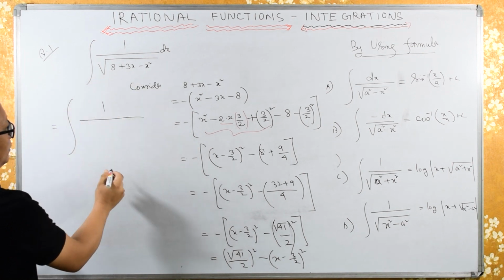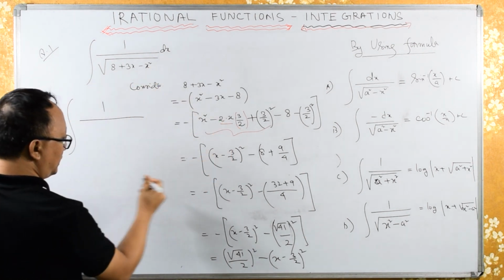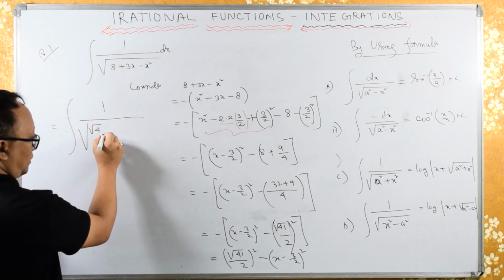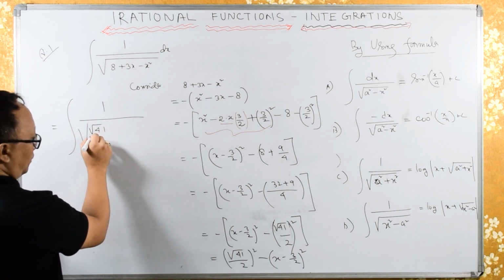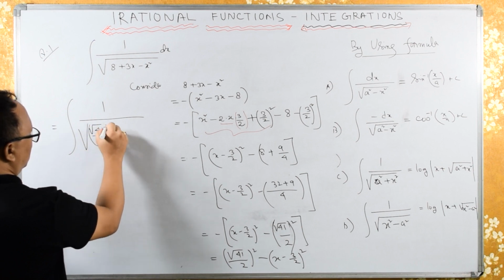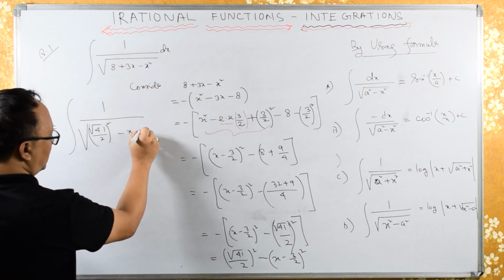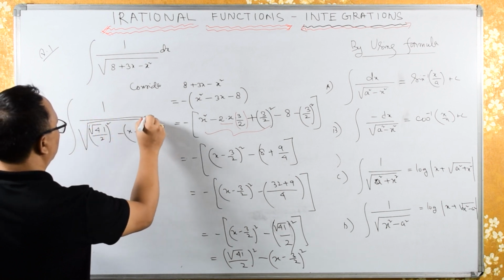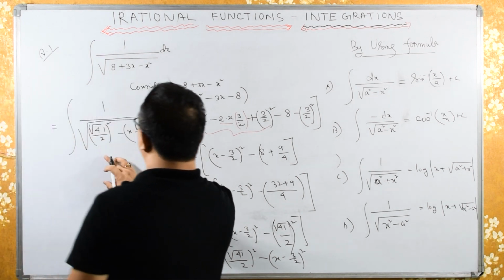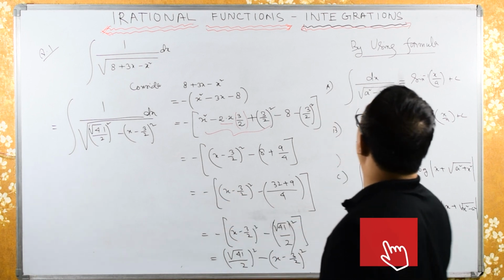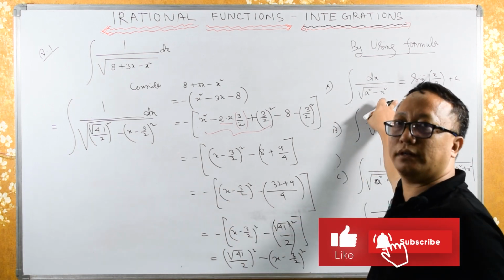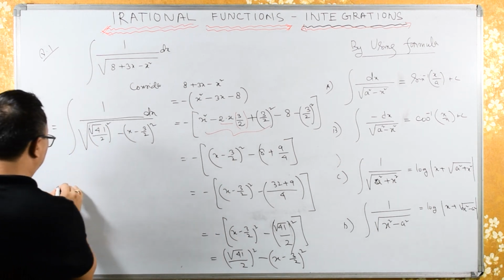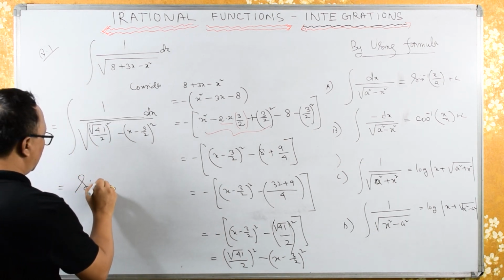Therefore this equals the square root of this, which is the same, so square root of (root of 41 upon 2) the whole square minus (x minus 3 by 2) the whole square. Look at here, it is only of the form a square minus x square, which is the same as sine inverse of x by a.